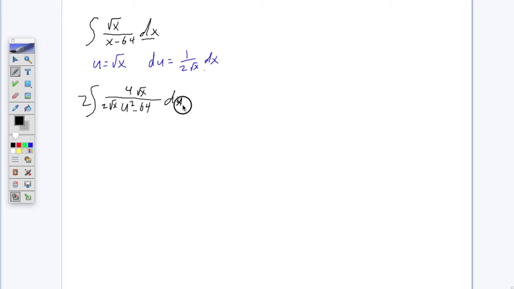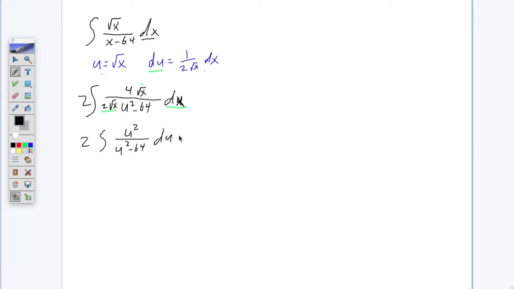We will take 2 square root of x dx, replace it with du, and take this square root of x and replace it with u, and we will end up with 2 times the integral of u squared, because it's going to be u times u, over u squared minus 64 du.